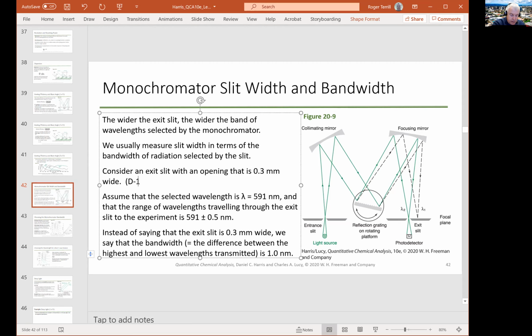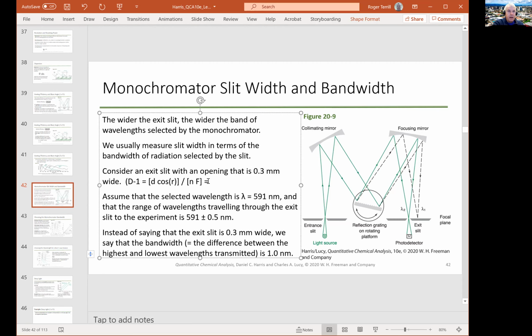I like to use d to the -1. The reciprocal linear dispersion is equal to d, the grating spacing, times cosine of r, over n times the focal length of the instrument. So if you have a longer focal length, then you get a smaller d to the -1.